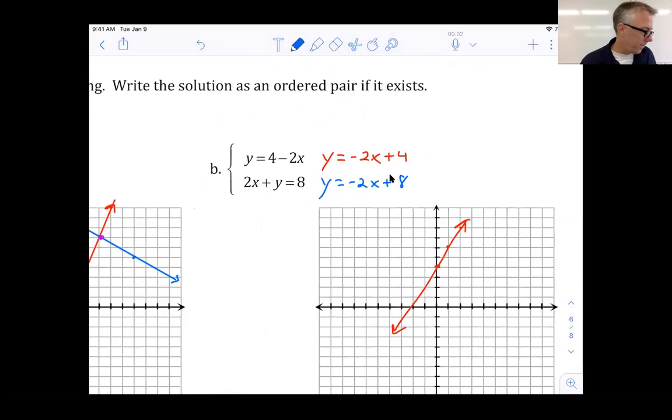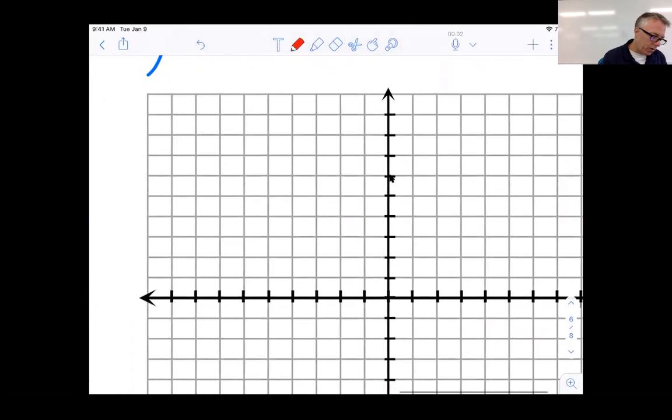Oh, isn't it negative 2? I'm sorry, thank you very much. The slope is negative 2. So my y-intercept is 4, and I'm going down 2 and over 1 in that direction. Thank you.